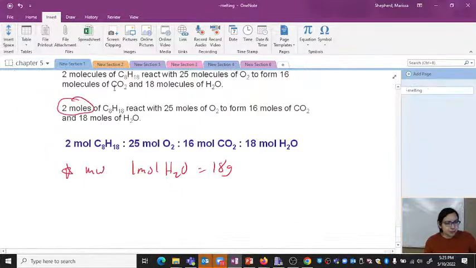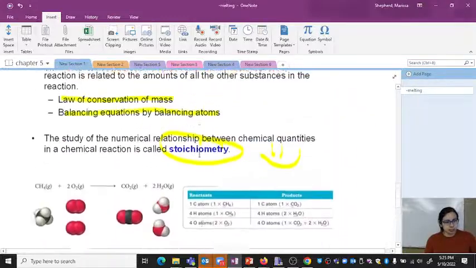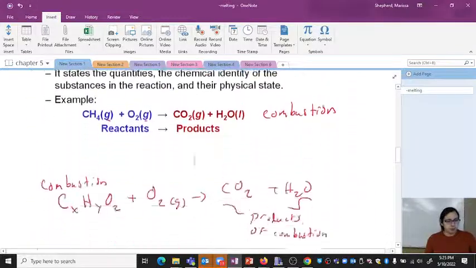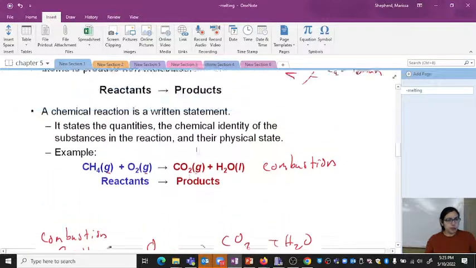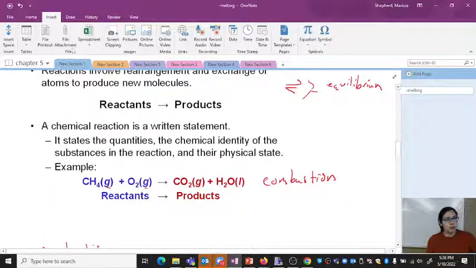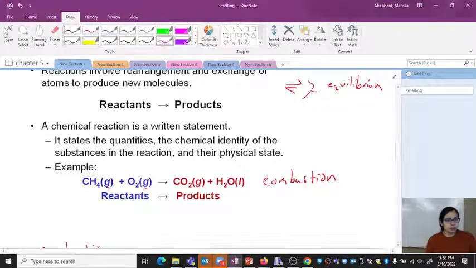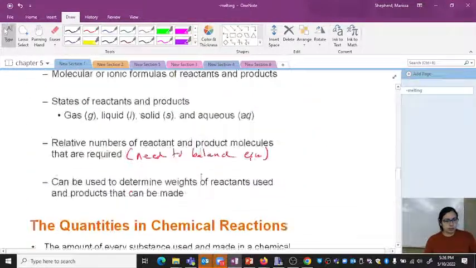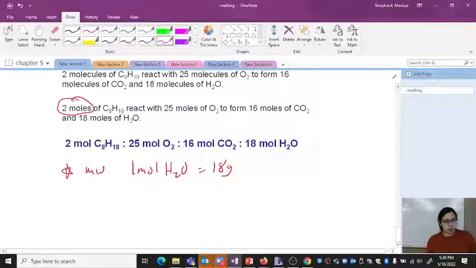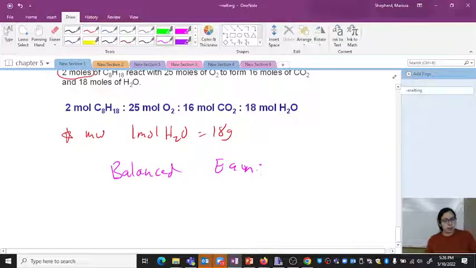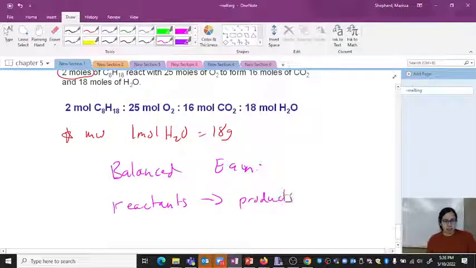So first of all, let's just make it clear that in our balanced equation, we know that the total mass of the reactants has to equal our total mass of products.